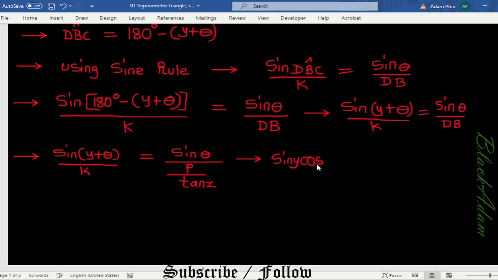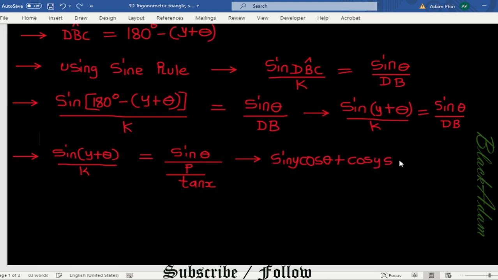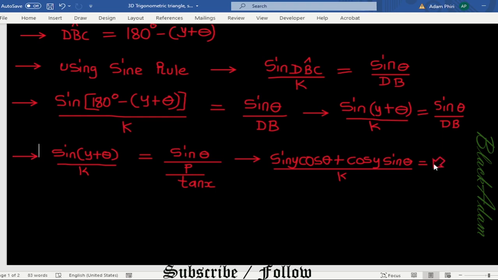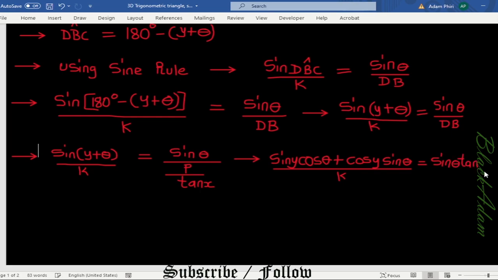So use the sum of angle equation, sine y cos theta plus cos y sine theta. Okay, so we're adding the two angles using the double angles equation. So that's going to be sine theta 10x over p.